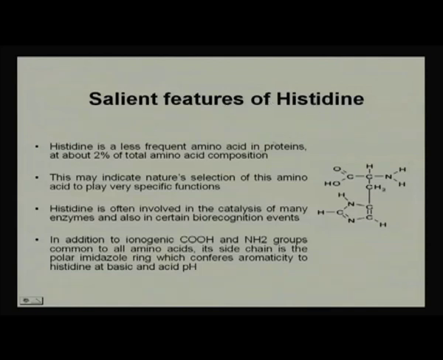feature of histidine is that it is a less frequent amino acid in protein, at about 2% of the total amino acid composition. This may indicate nature's selection of the amino acid to play a very specific function. Histidine is often involved in the catalysis of many enzymes and also in certain biorecognition events.